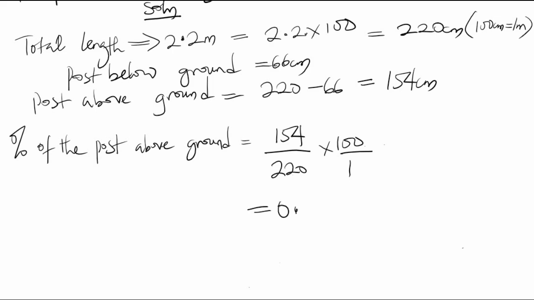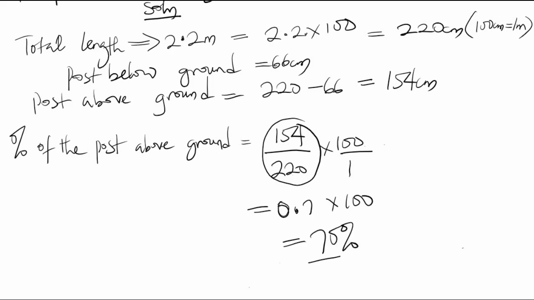When you divide 154 by 220, it will give you 0.7. Then times 100, the answer becomes 70%. So 70% of the post is above ground.